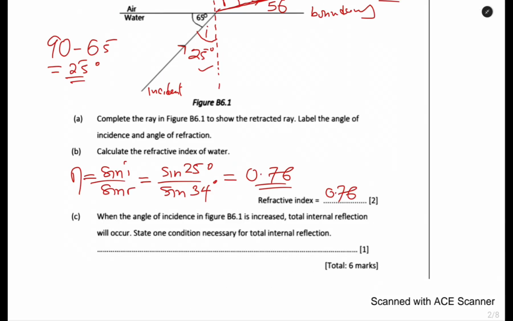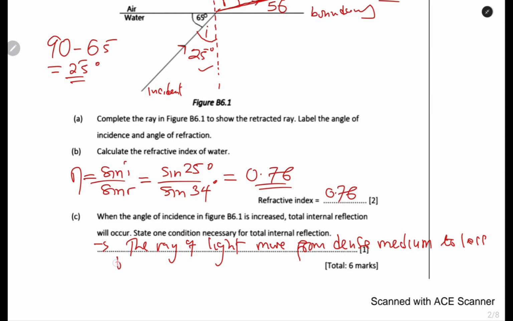Okay, so for question C, when the angle of incidence is increased, total internal reflection occurs. State one condition necessary for total internal reflection. One of the conditions is that the ray of light moves from a dense medium to a less dense medium. That is when total internal reflection occurs.